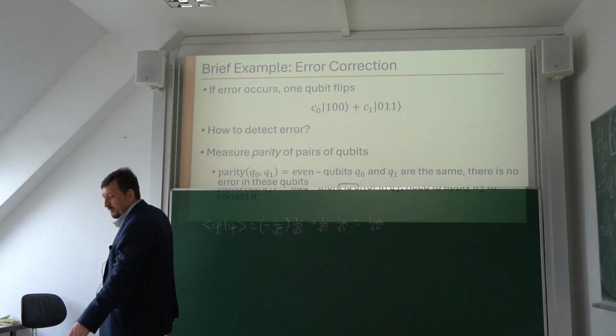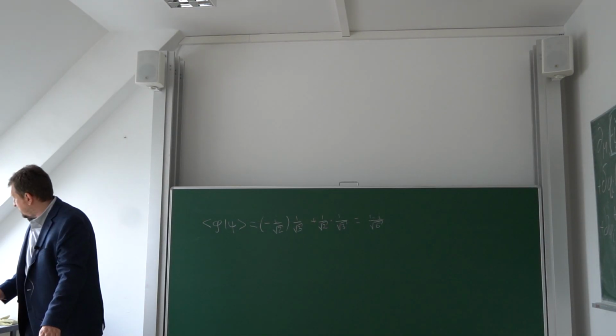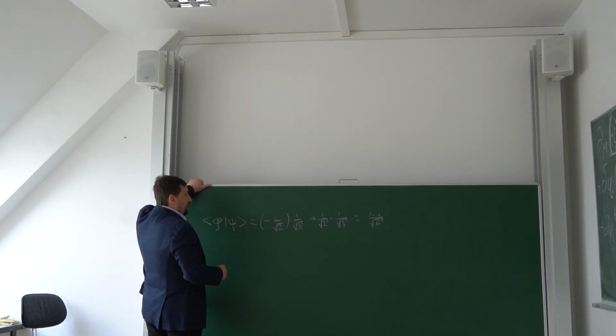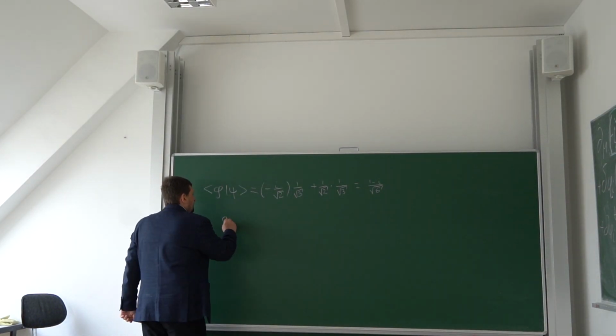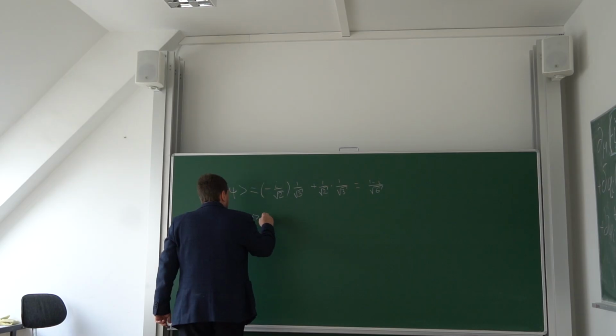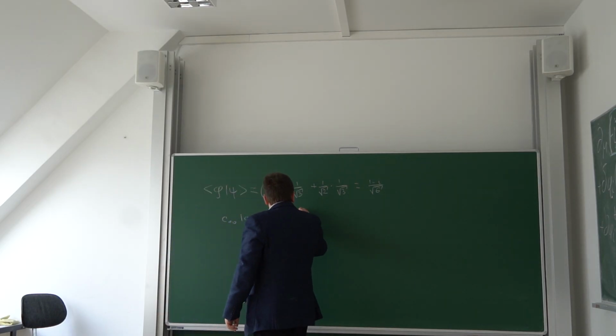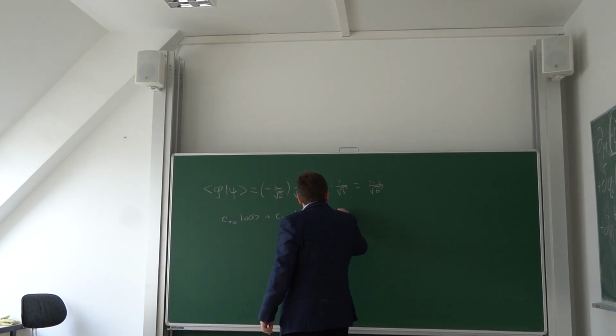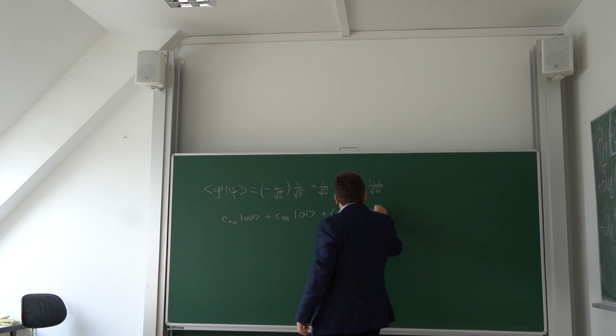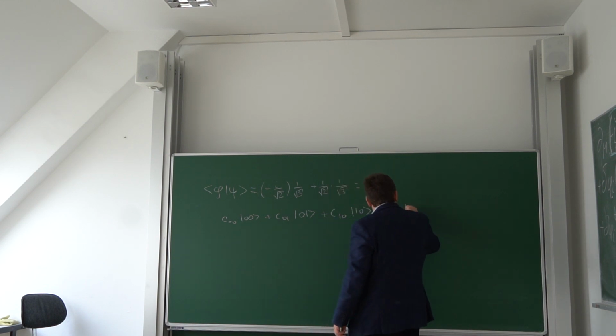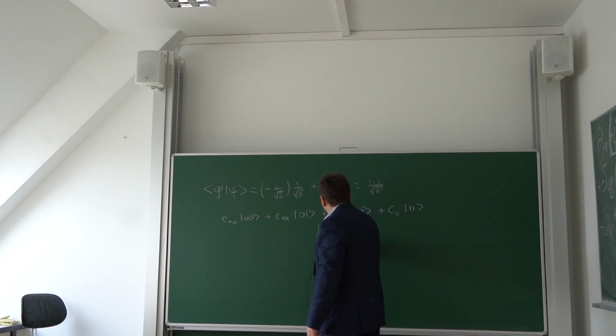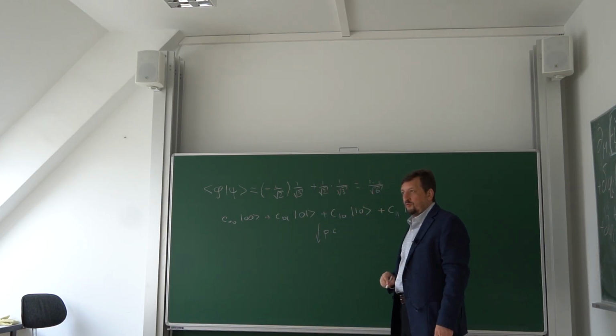This is what will happen. You have general initial state C0, 0, 0, and so on. You perform parity check on these two qubits.